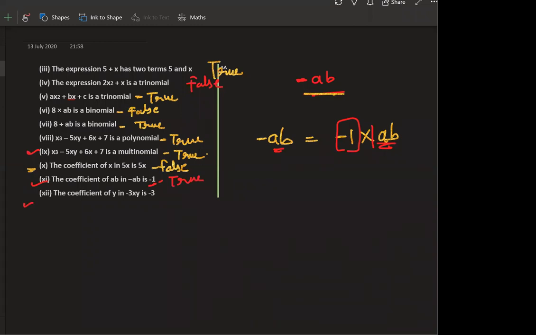Now last, the coefficient of y in -3xy is -3. So what is the coefficient of y? To find the coefficient of y, remove y, and what remains is the coefficient, that is -3x. Isn't it?